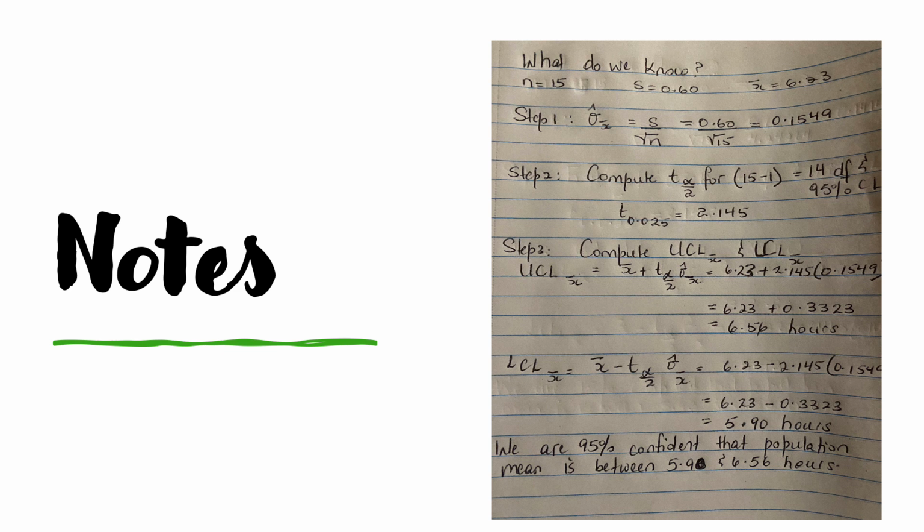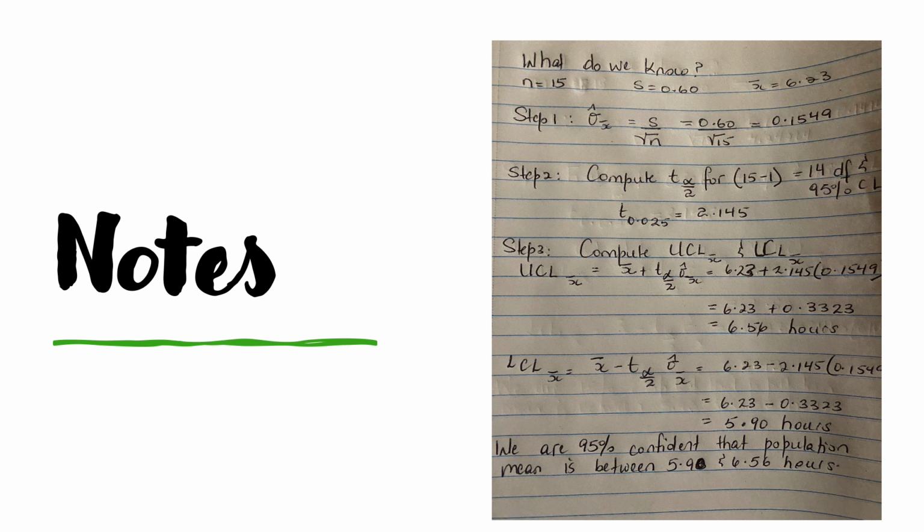Step 1, let's calculate the standard error of the sample of all sample means. This is found by taking our standard deviation and dividing by the square root of n, and this gives me 0.1549. Step 2, let's compute the t critical, and this is going to be for 14 degrees of freedom, which is found by taking my n minus 1.